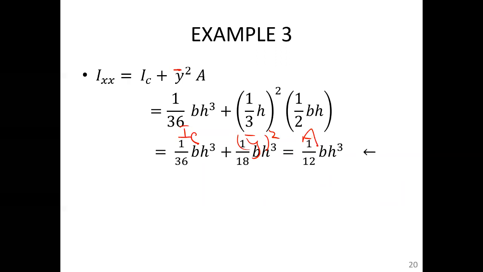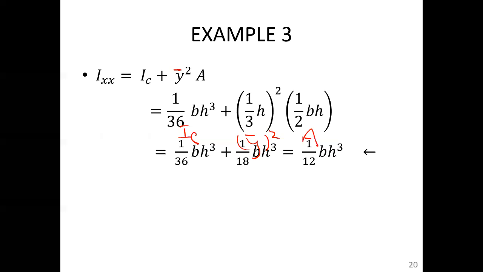Which is larger, the moment of inertia about the centroid or the moment of inertia about the base? Which is larger? I see bh cubed on both of them. So which is larger, 1/36 or 1/12? 1/12, right?